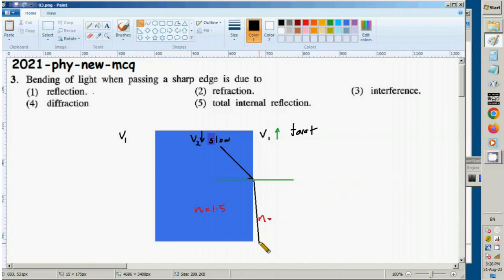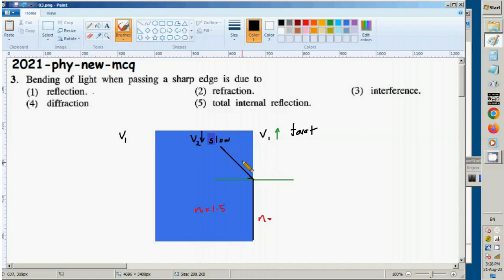Then at one time, as we continuously increase this incident angle, there is a time it goes along this boundary. Then that incident angle is called C, the critical angle.